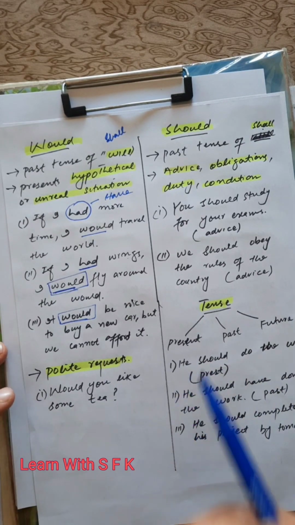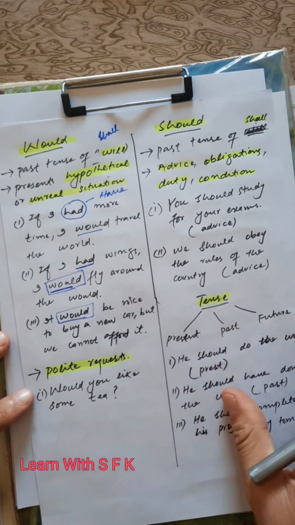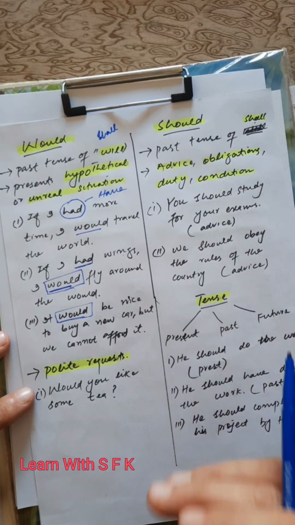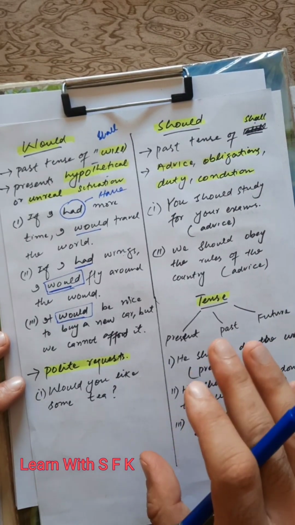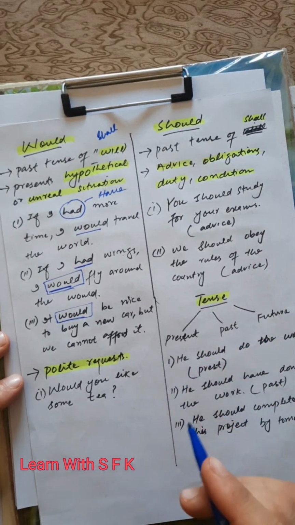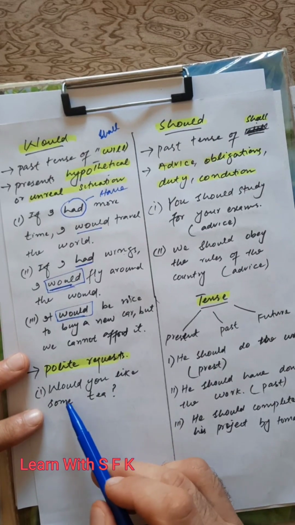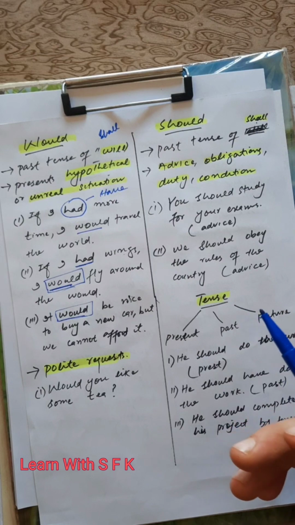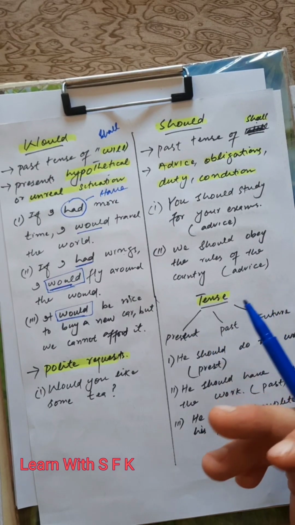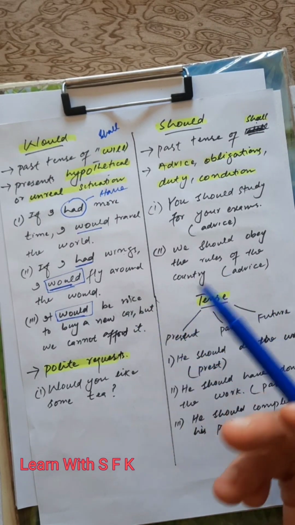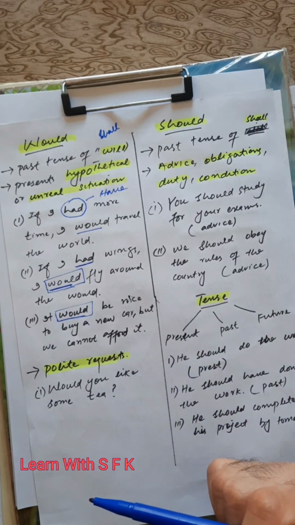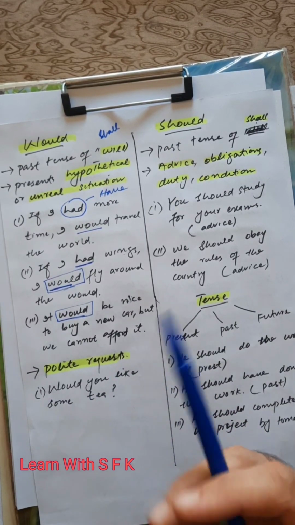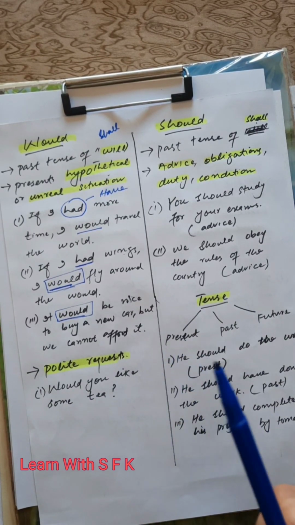Now we can also use would for asking questions, but we use would for asking some polite questions. When we want to ask a question politely, we use would. For example, would you like some tea? For example, if somebody, a waiter asking you in a hotel or in a restaurant, so he will have to ask very politely.